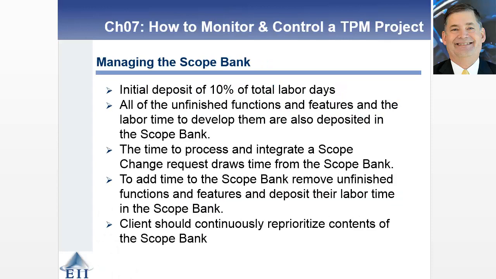All right, one of the first things is managing this idea of a scope bank. So you've got between 5 and 10% of the total labor days. You're going to put it in a scope bank, and then all of the features and functions get dumped in there. And then the client controls this process.